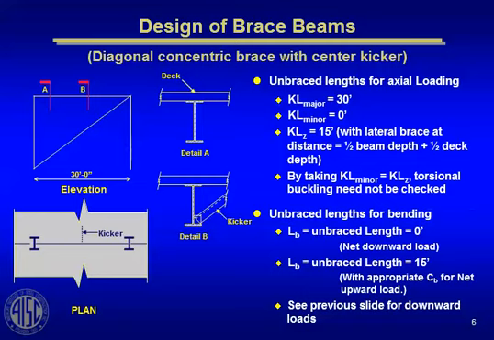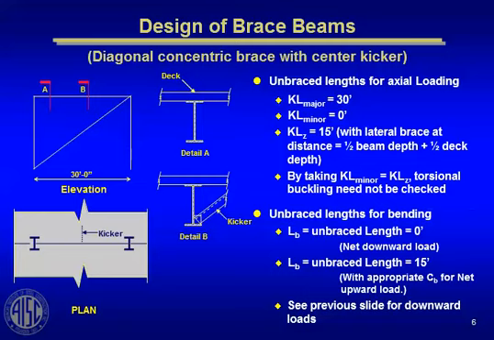So again, if you're going to account for the torsional buckling limit state, which may or may not control, compared to the KL major unbraced length distance of 30 feet, you would probably want to trick the software into saying, okay, let me design for KL minor of 15 feet, and thereby I'm indirectly accounting for the limit state of torsional buckling. So that's the point we're trying to make here.